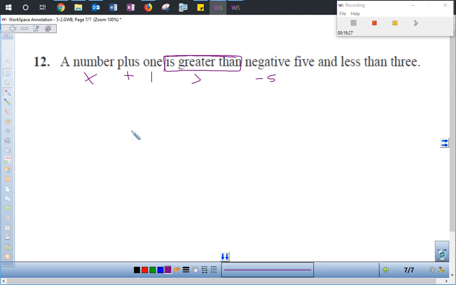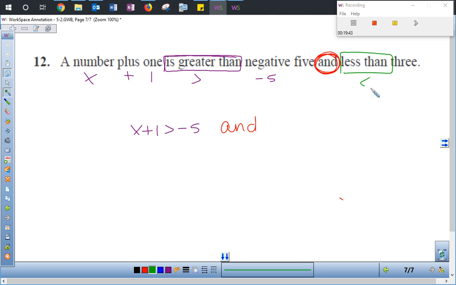So my first inequality is going to be x plus 1 is greater than -5. Then we see the word and instead of or. Well, that's okay, so we just write down the word and. Less than, again, is a straightforward symbol, 3. So I want to take whatever was before the inequality symbol, so that x plus 1 is less than 3.